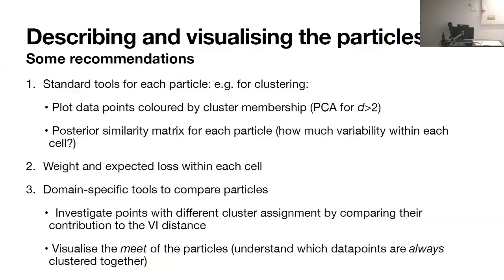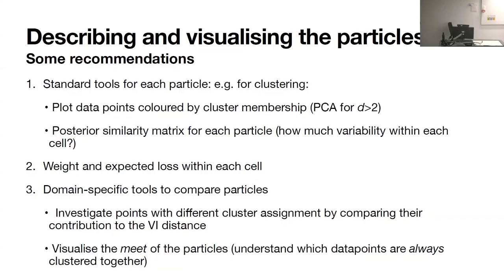We can also plot the posterior similarity matrix for each particle within the cell. That tells us how much uncertainty there is within the local neighborhood. We have the weight and the expected loss. Again, how representative is it? This quantifies how much uncertainty there is.